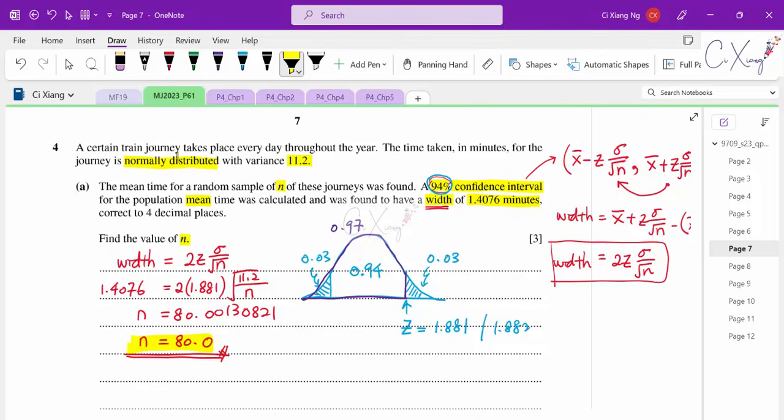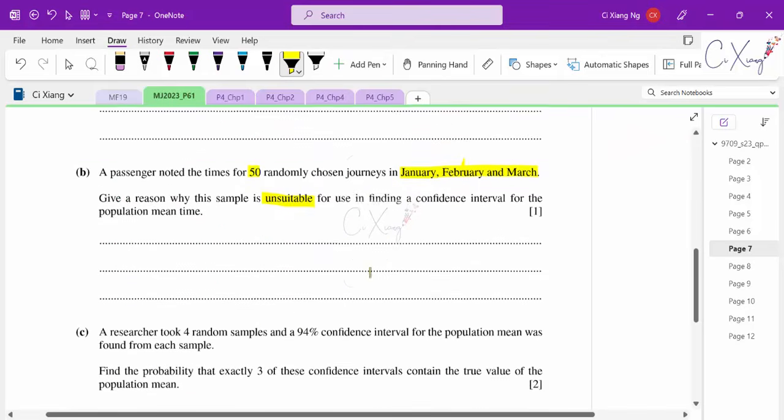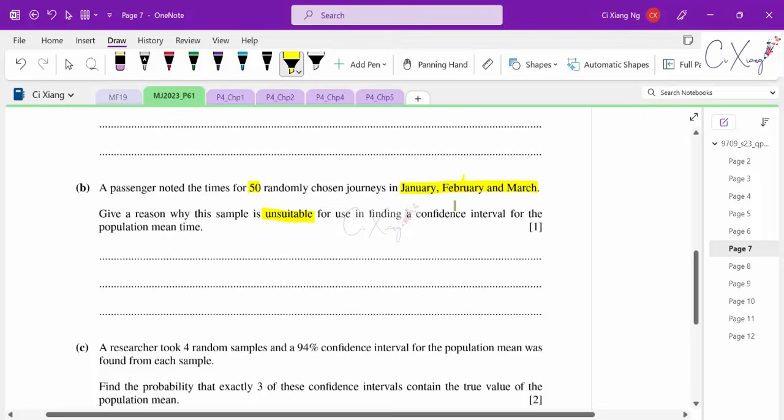Maybe when the weather is bad, the train might travel slower and take a longer time to travel. Or maybe when the weather is good, maybe during summer, then the train journey might be shorter. It can travel faster. Therefore, considering only the sample from the first 3 months is not suitable.